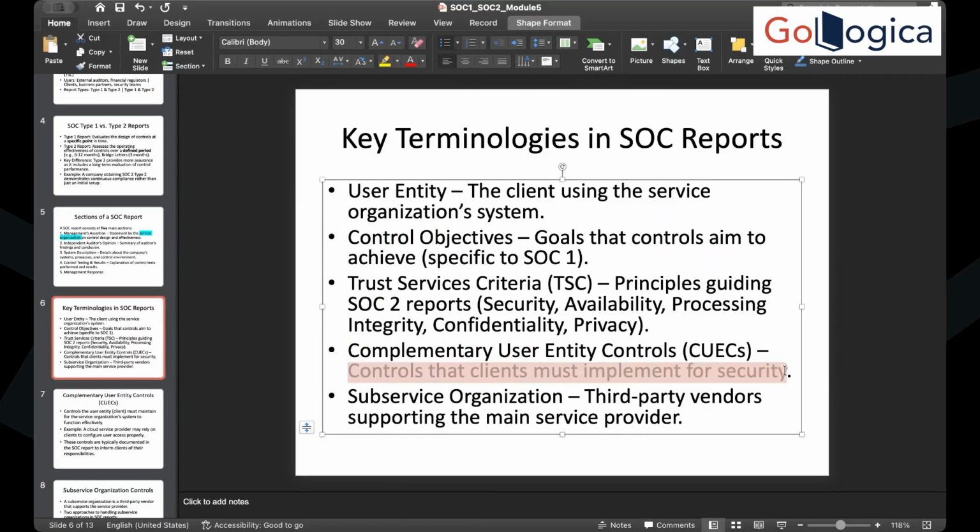I'll just give you an example. See what is written: controls that the clients must implement for security. Just imagine Apple is using Cisco's WebEx. There are users who log into WebEx every day.